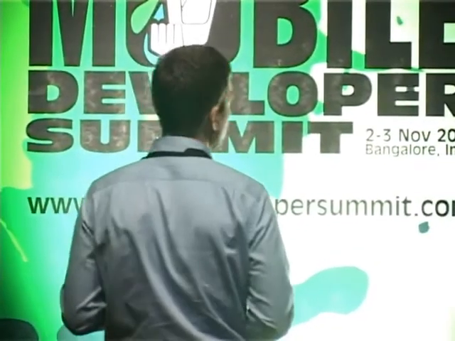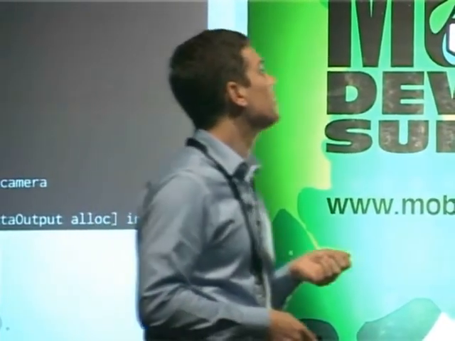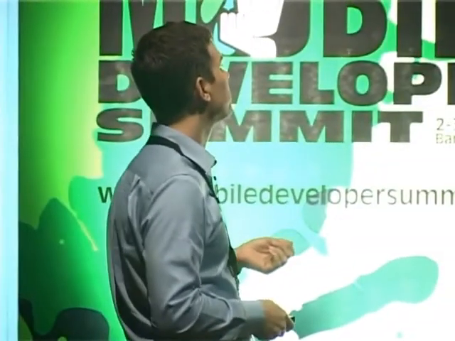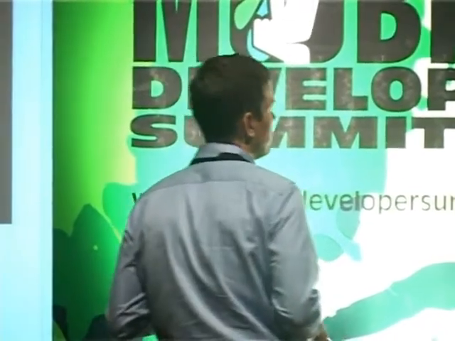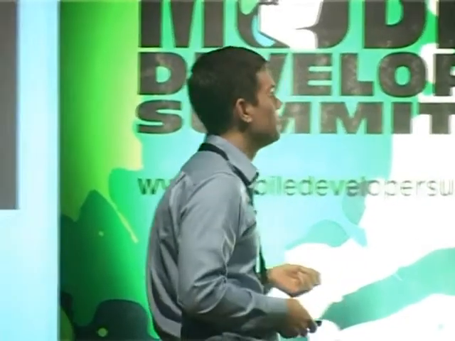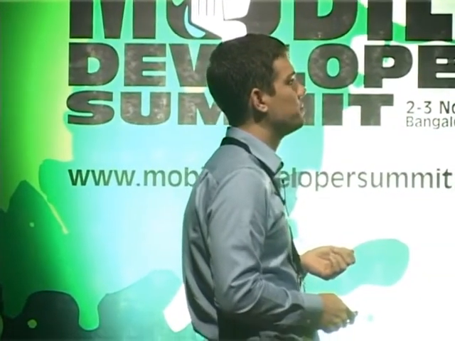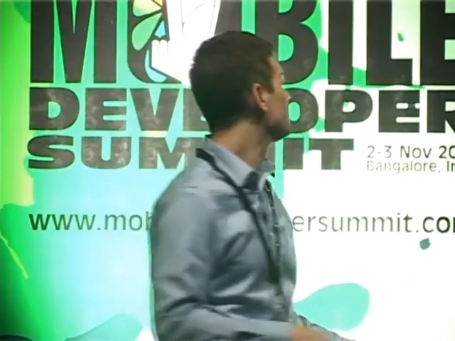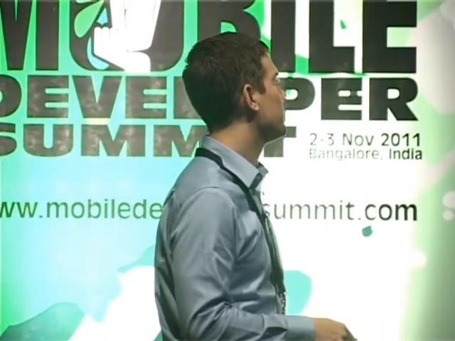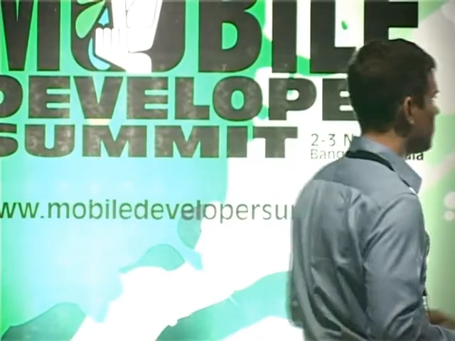So in order to pick a specific camera, if you wanted to show the user's face to them, for instance, AV capture device, devices with media type AV media type video, and then what you do is you iterate the devices, and you say, I want the device with the position AV capture device position back, and that's the back camera, and AV capture device position front will give you the front camera.